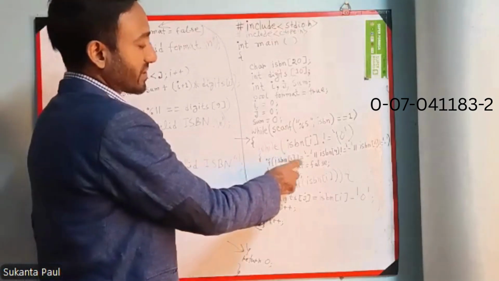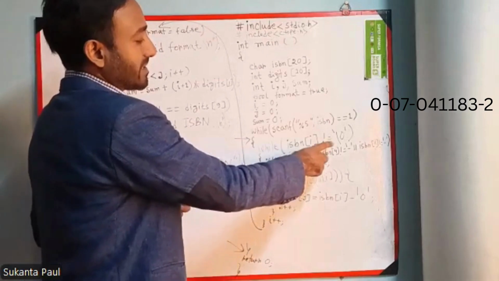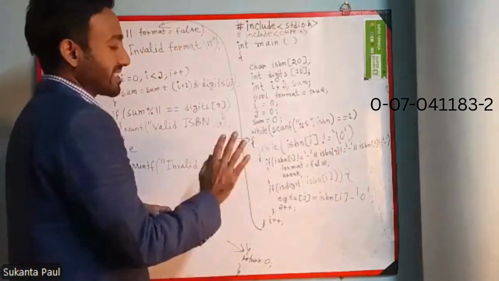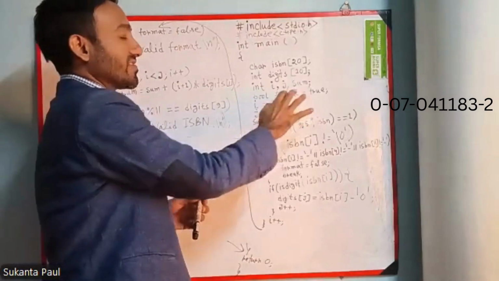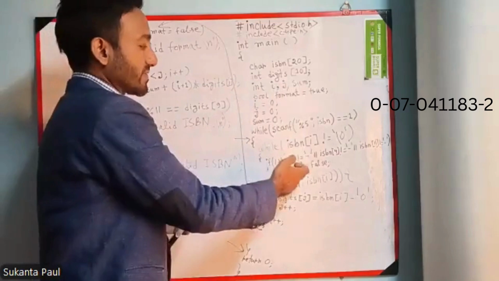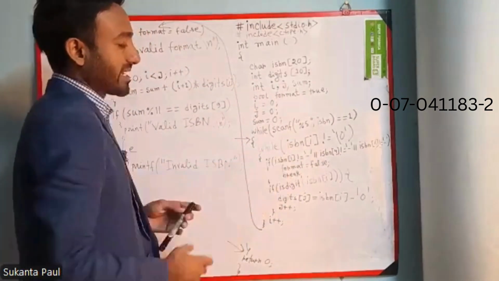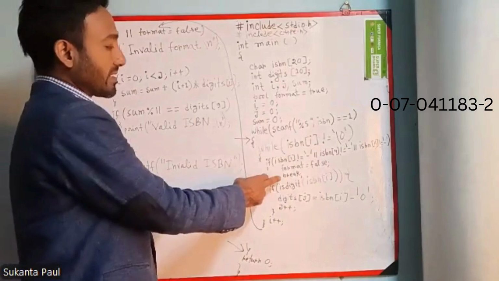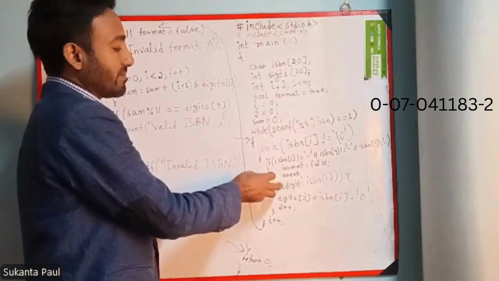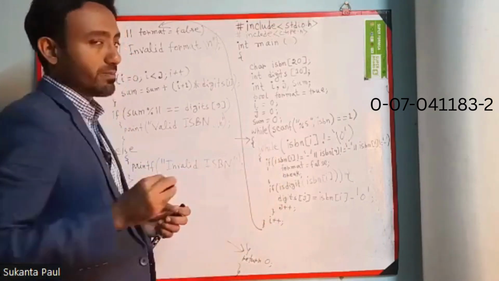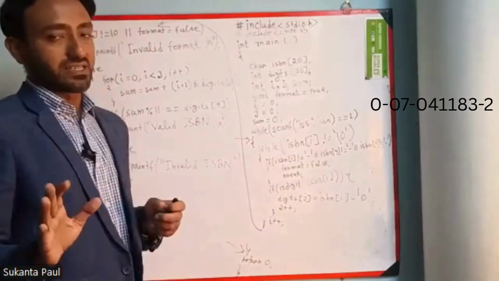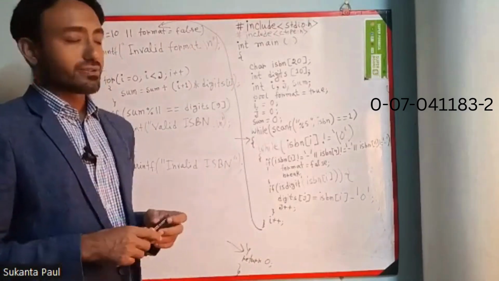So we write: if isbn[1] != '-' or isbn[4] != '-' or isbn[11] != '-', then we change the format value from true to false. Then we write the break statement. It means that when the compiler gets the break statement, it will exit this while loop. The rest of the code will not be executed further for that sample.